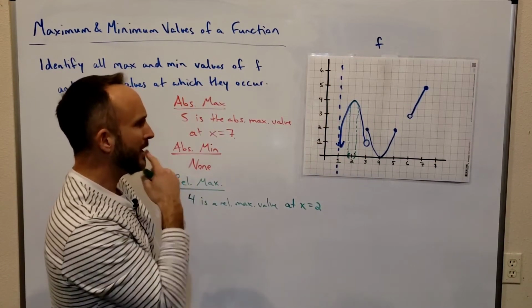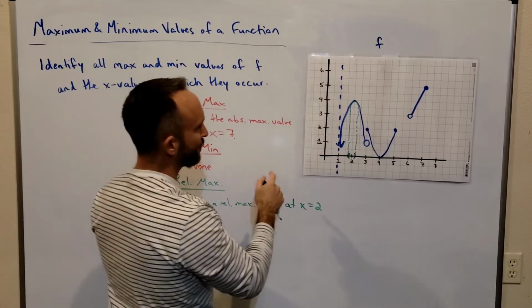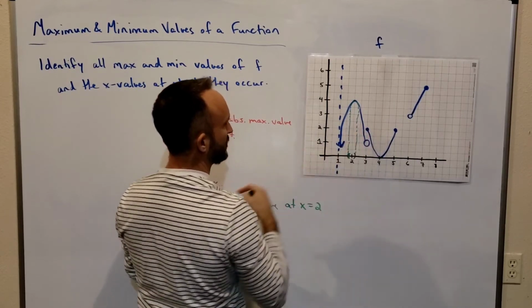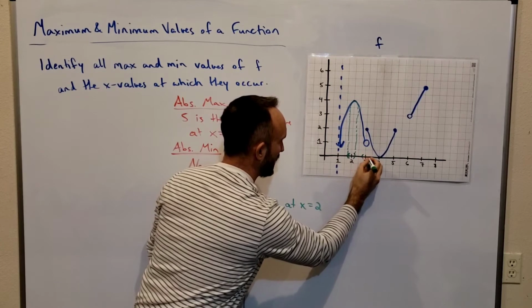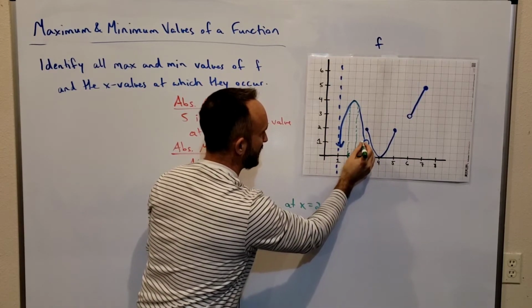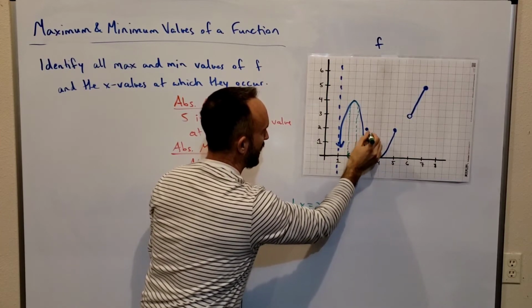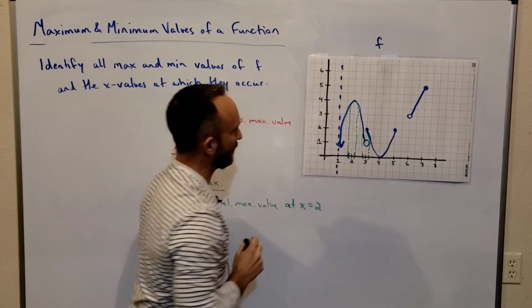Are there any other relative maximums? What other local high points do we have? What about this point right here at (3, 2)? We do the same analysis. We look at both sides of 3 and ask ourselves, if we look at all the outputs when we're really close to 3, we get these y values on this half of 3, and these y values on this half of 3.